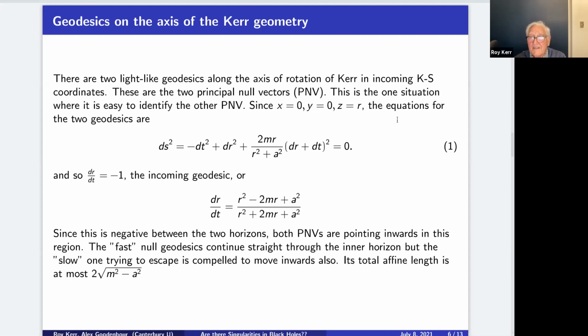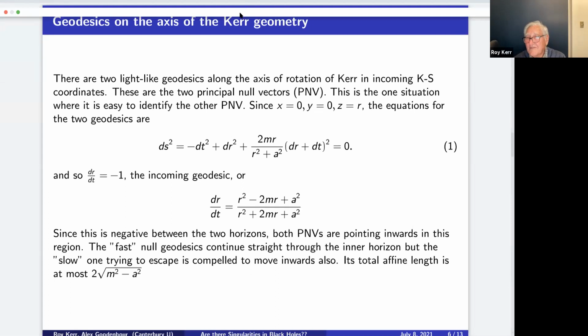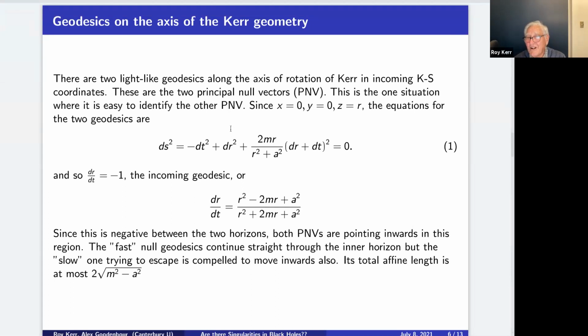What about the other? This isn't so obvious, except down the axis, because down the axis, since it's rotationally symmetric, neither principal null vector can have a component off the axis. So they both point down the axis at that point.